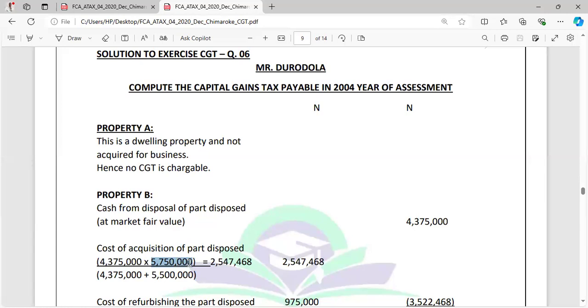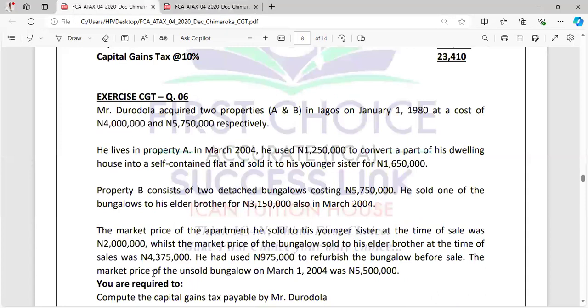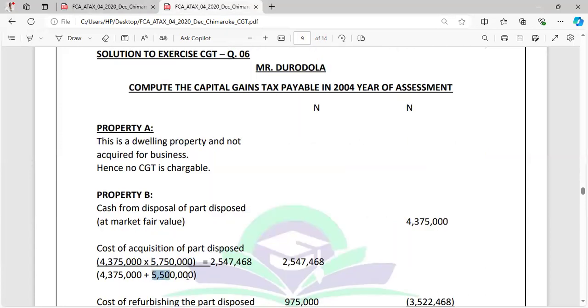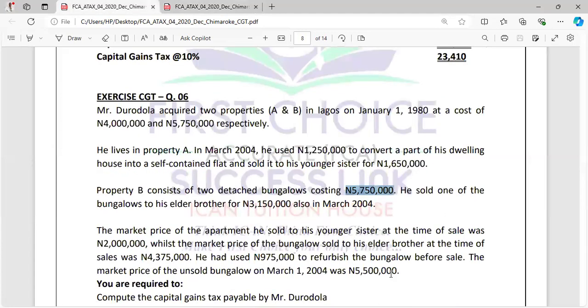That means property B as a whole. This is what it costs. That is what it says here. All right. Now, the market value of the part of that asset that was not disposed is 550,000. That's what we were told here.